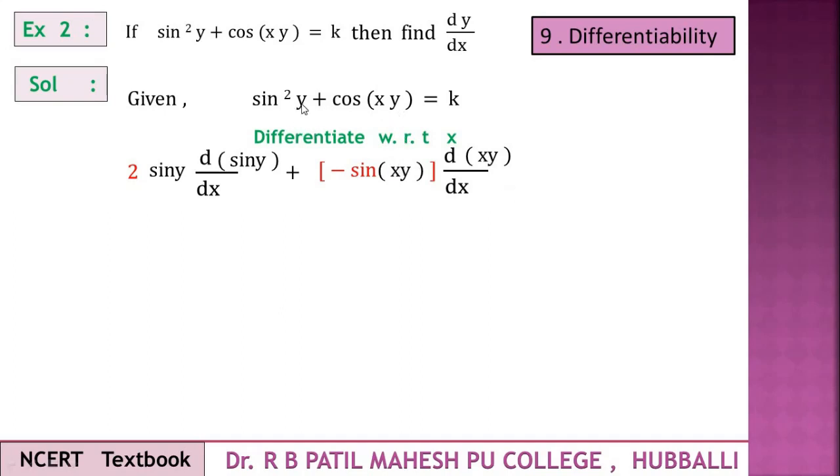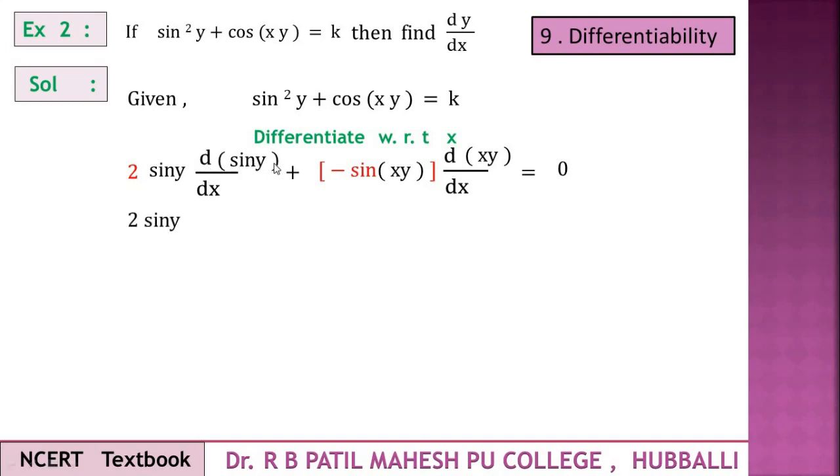Here also the same rule: function raised to n. The n derivative first, that is 2n into function raised to n minus 1, then d by dx of function, that is sine y. On the right side, the derivative of k, where k is a constant, is 0. The derivative is not completed because we still have d by dx of sine y.